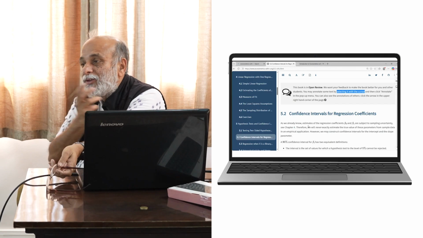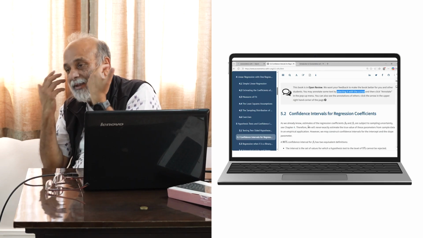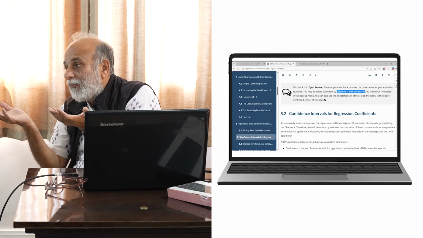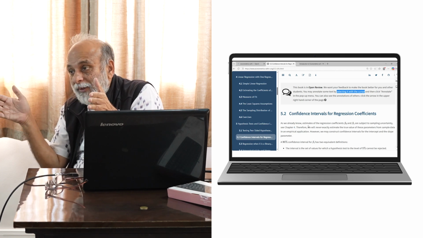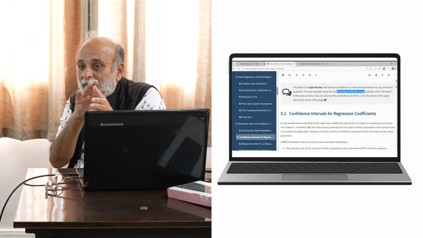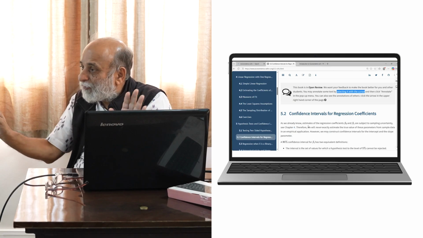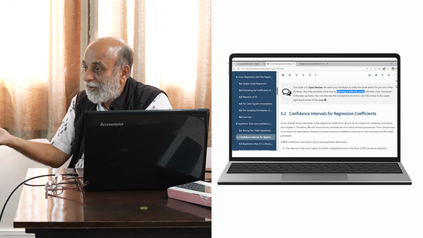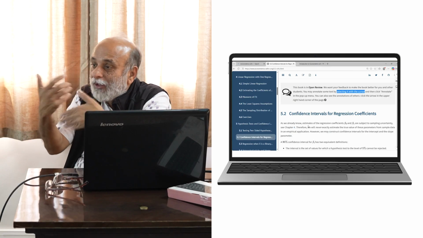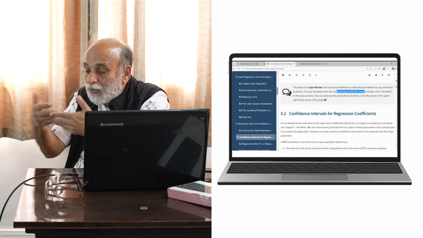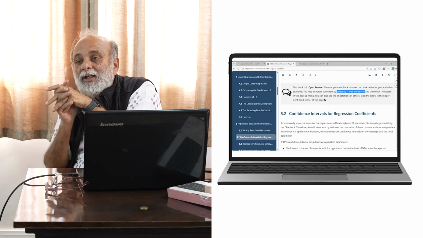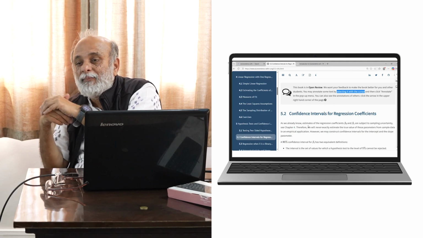You need to be able to say that if I take say 1000 such random samples, then what are the two limits under which my estimated values will lie with 95% probability or 99% probability. Because different samples get different values of beta, right? So you don't want to say that, because I've got this estimate, the beta is 0.8.